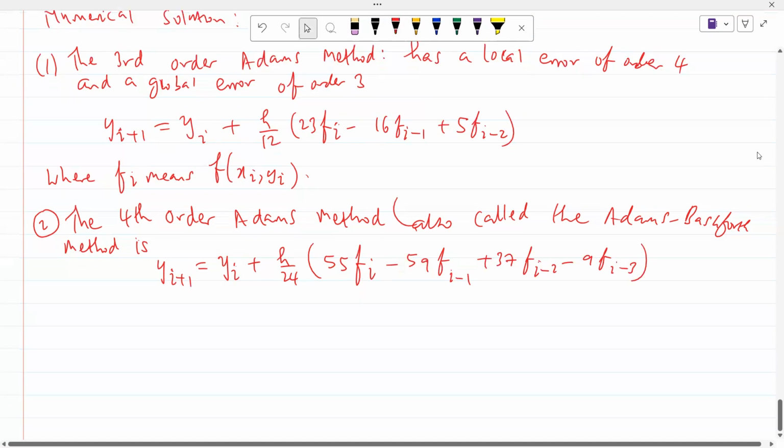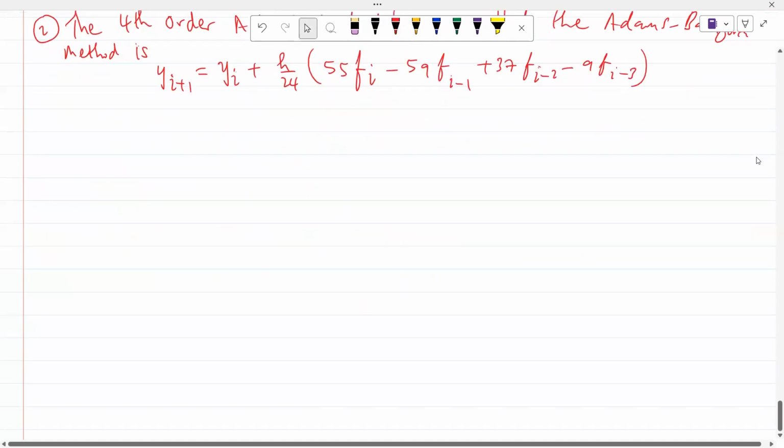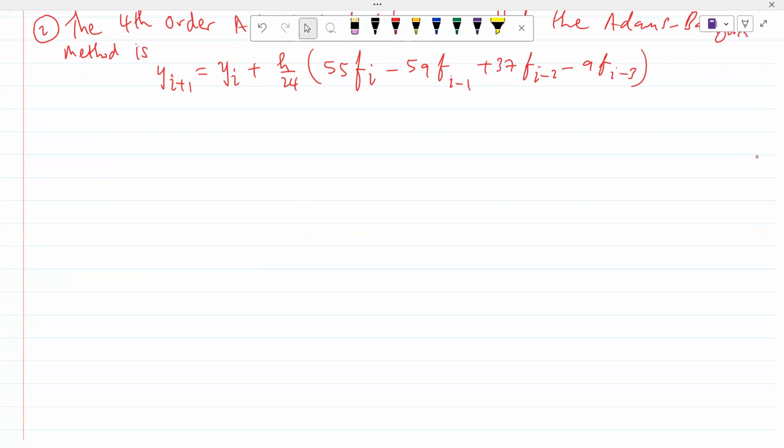Something very important that you need to learn and know as well is the Milne method. That is number 3, Milne's predictor corrector method.